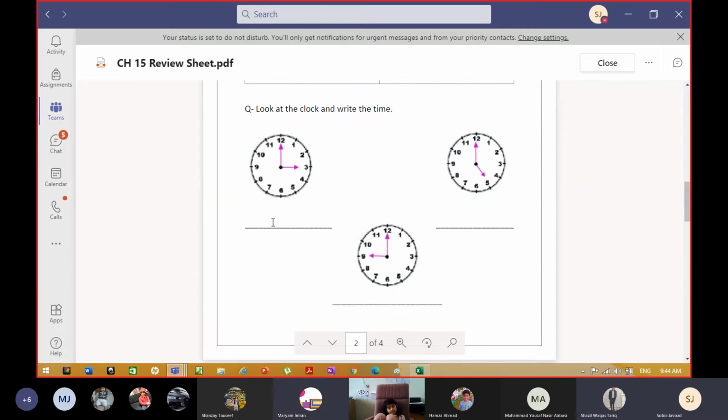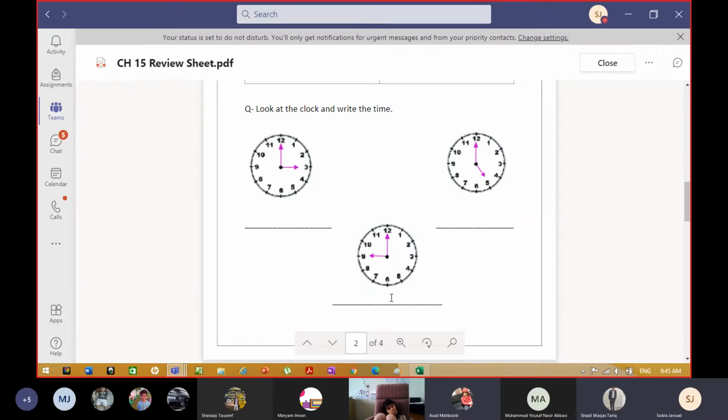All right. Now, what is the time? Look at this clock. 3 o'clock. Okay, Asad, what is the time here on this clock? 8 o'clock. No, here, look at this clock. Is this 8 o'clock? No, this is 5 o'clock. Yes, 5 o'clock.